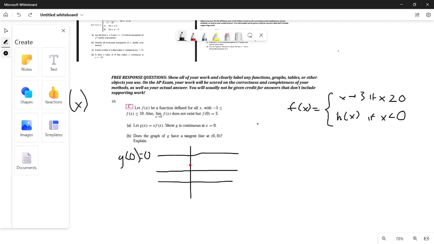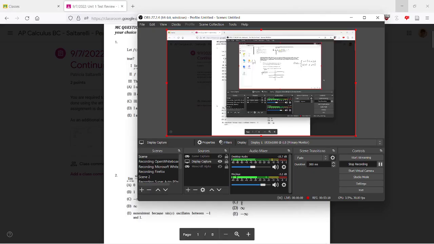Can f of x and h of x be the same equation? No, this cannot equal x plus 3 because then it would be continuous and it would have a limit. There has to be a split. I'm just trying to indicate that it has to have a function like this and there has to be a jump.